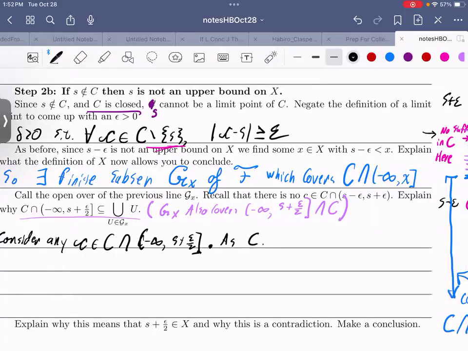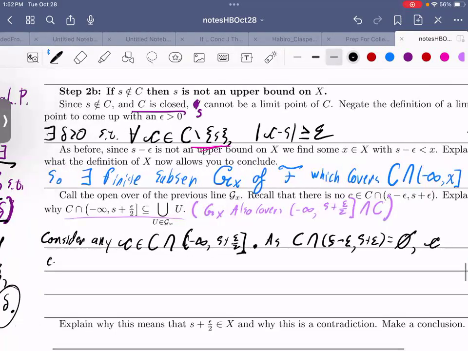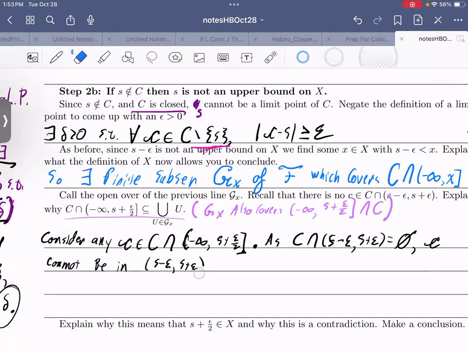As C intersect S minus epsilon to S plus epsilon equals the empty set, little c cannot be in S minus epsilon to S plus epsilon. Maybe that's the wrong way to think of it. Let's go back a little bit. You can definitely follow those ideas.